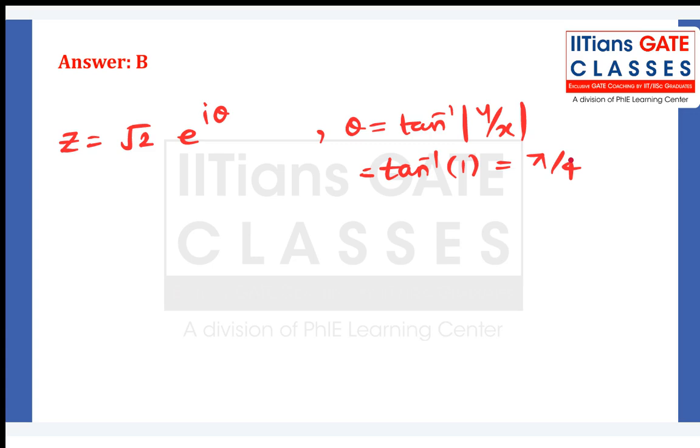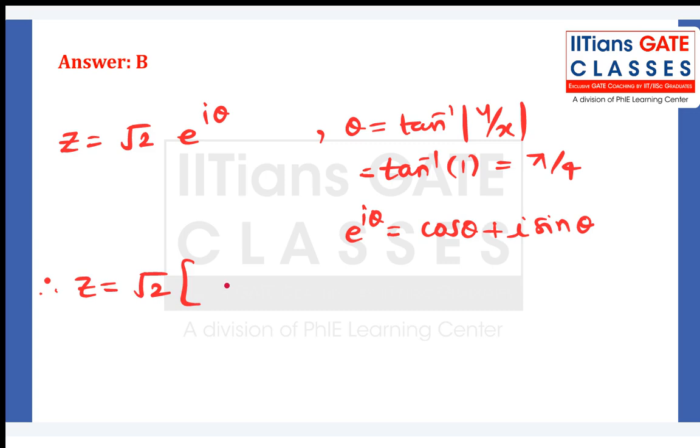And e power I theta, the formula is cos theta plus I sin theta. Okay, so this is Euler's notation. So here theta is pi by 4, so therefore your complex number in polar form should look something like cos of pi by 4 plus I into sine of pi by 4. Okay, but we all know that the sine and cosine functions are periodic functions with period of 2 pi.